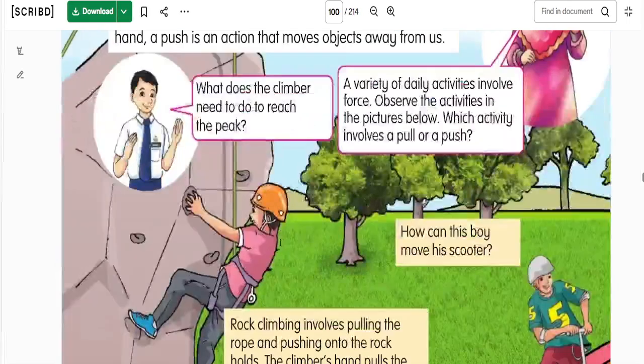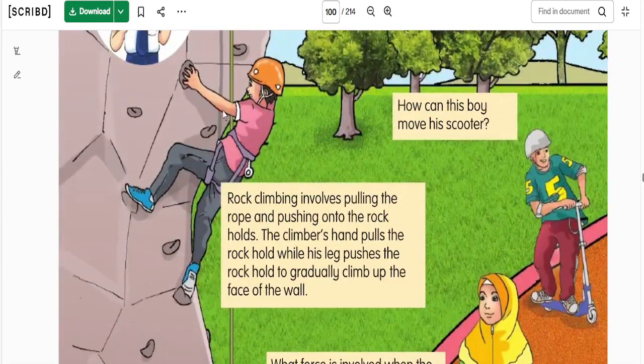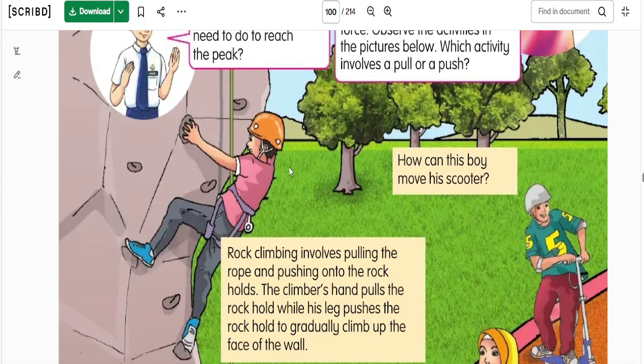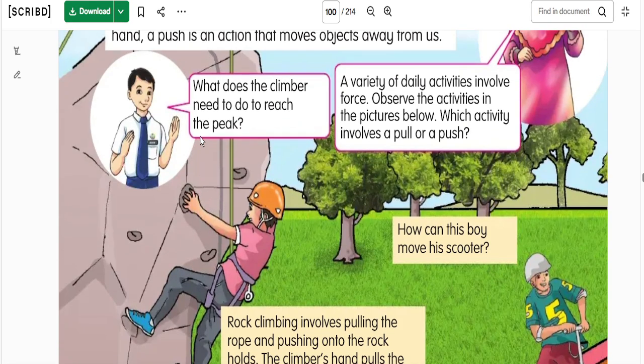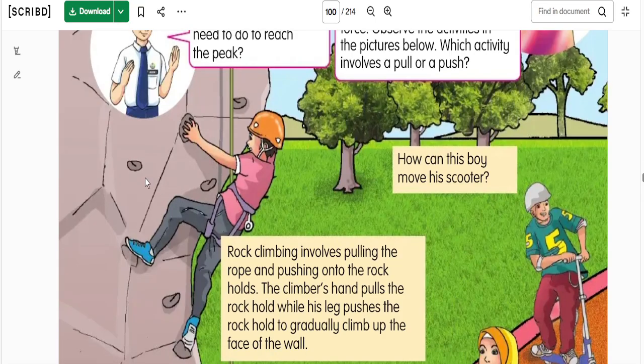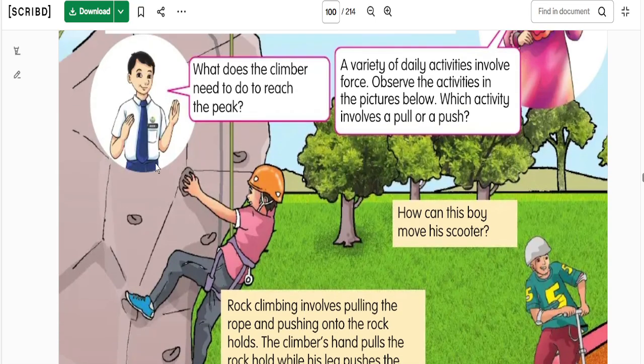For going up, he is pulling the rope, and the climber's hand pulls the rock and holds while his leg pushes the rock and holds, to gradually climb up. So he is pulling the rope and he is also pushing the rock. This is applying force.